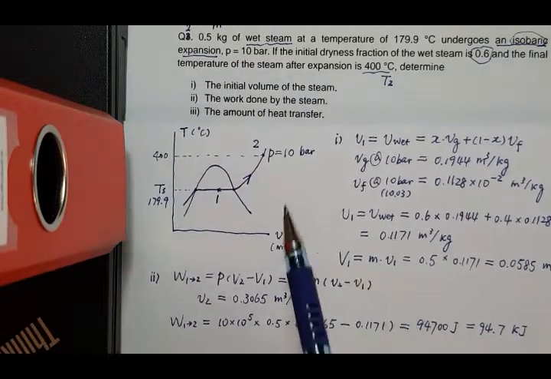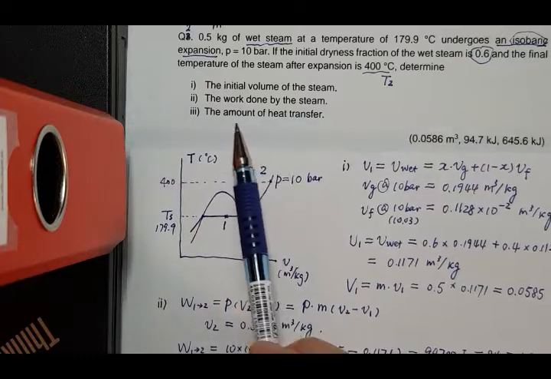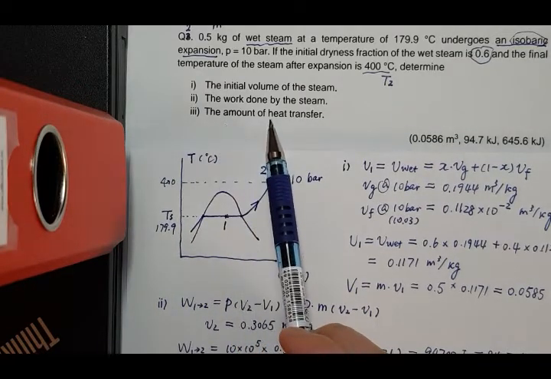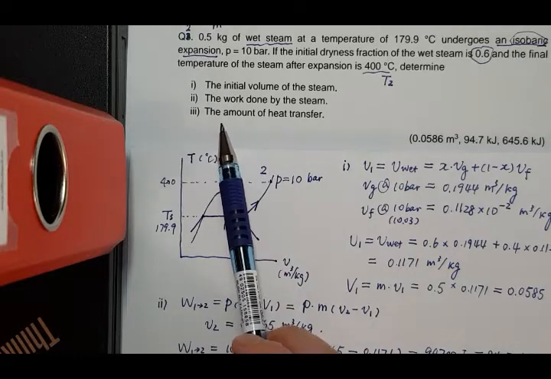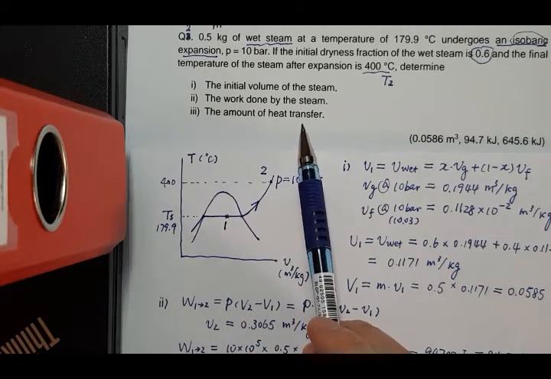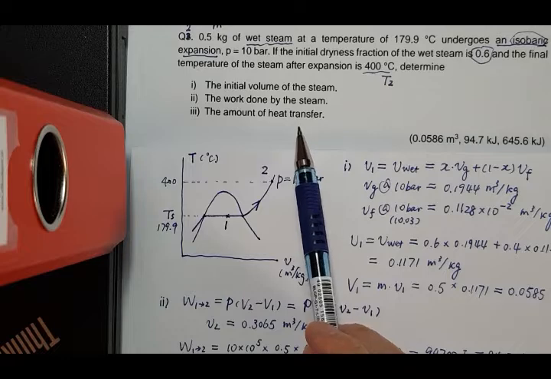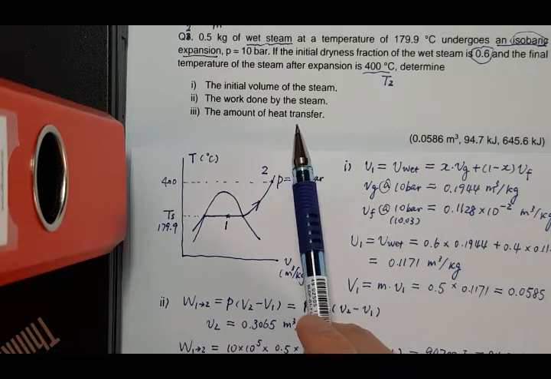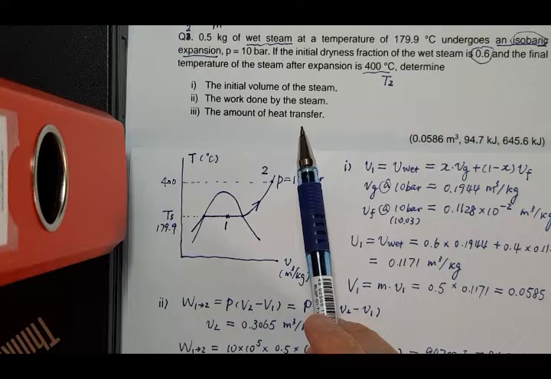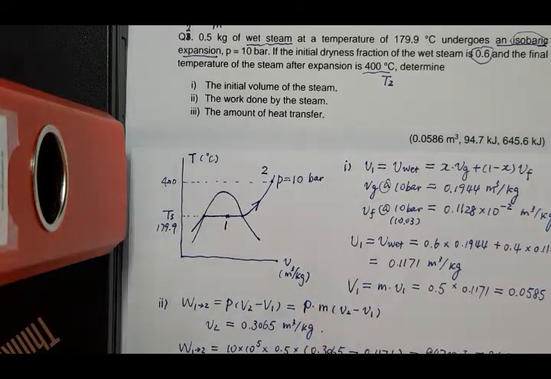Right, let's have a look at the third one. For the third one, we need to calculate the amount of heat transfer. If you have practiced a lot on the first topic, closed systems, you know we have different thermodynamic processes, and how we calculate heat transfer is based on the first law of thermodynamics.